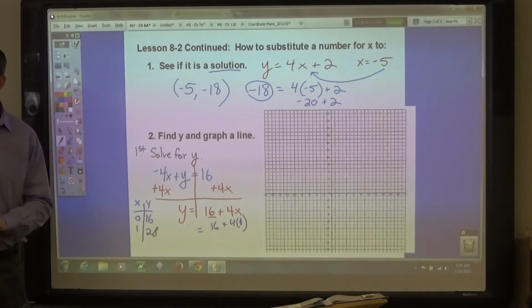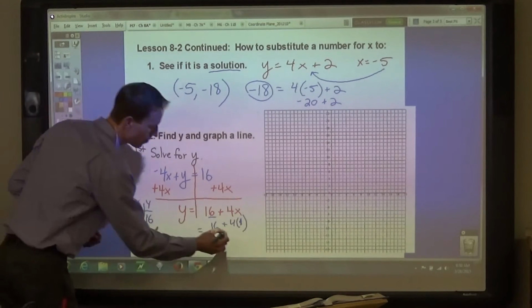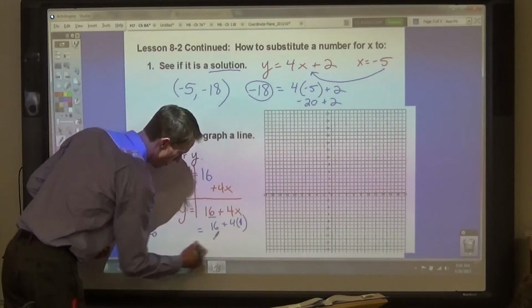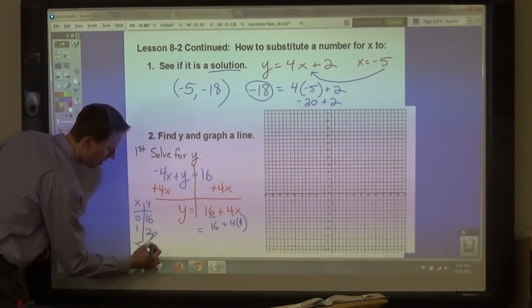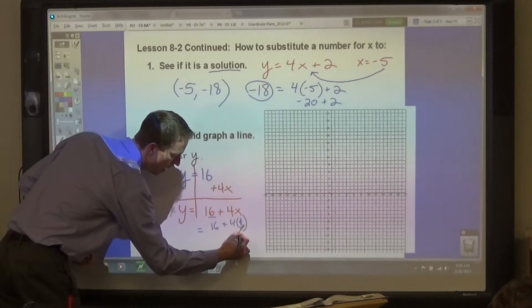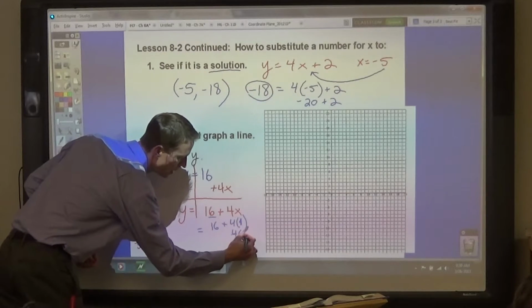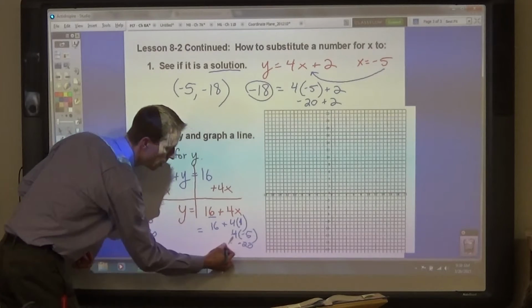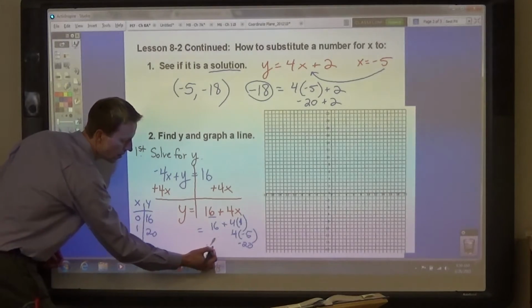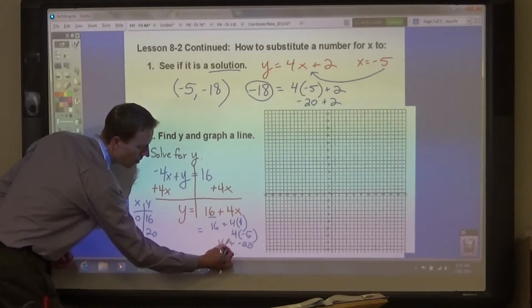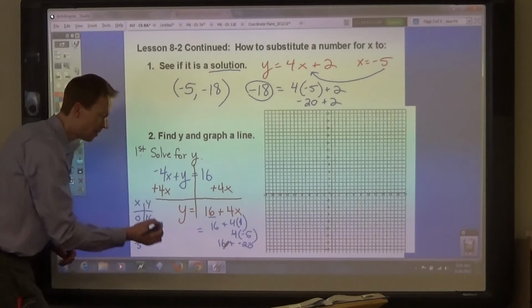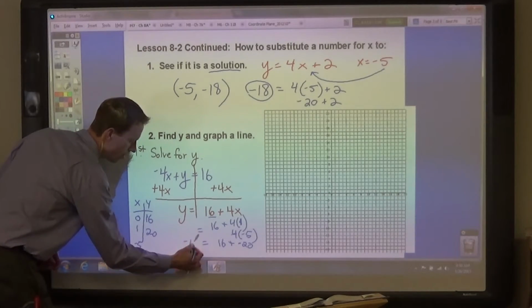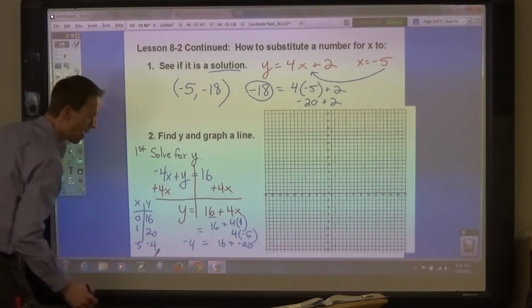How about negative 5? Negative 5, 4 times negative 5 is negative 20, plus 16 is negative 4. So negative 5, negative 4.